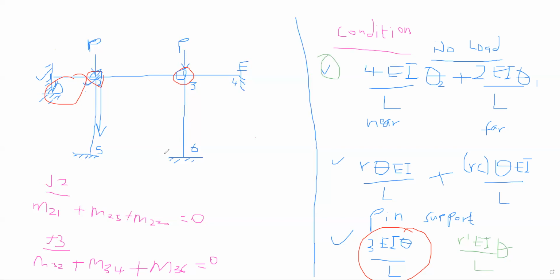Or the same thing is for when you have middle spans, these ones I'm talking about. You use this. Do you get it? But then what is the second condition?